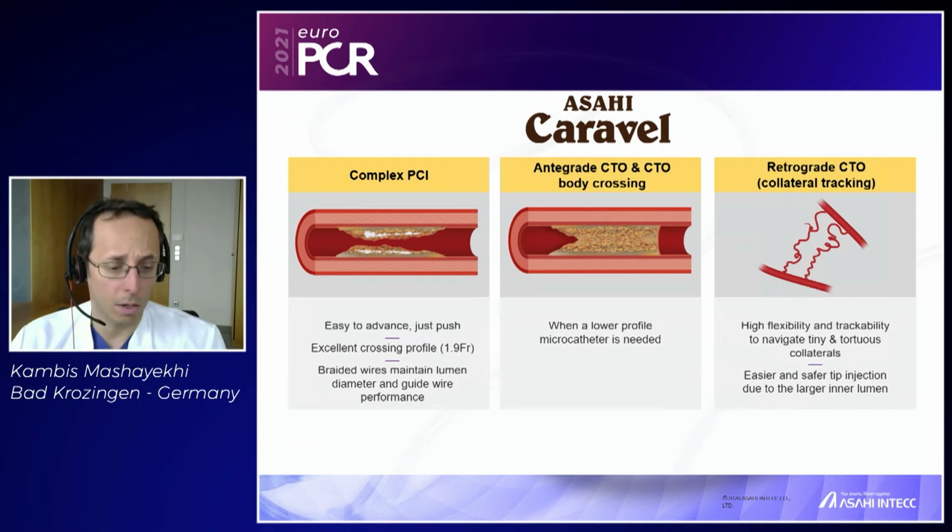This has to be acknowledged. For antegrade CTO and body crossing, when you have non-calcified lesions, it's still a very good possibility. But the real impact of the Caravelle is the collateral channel tracking, especially the tortuous epicardial crossing.